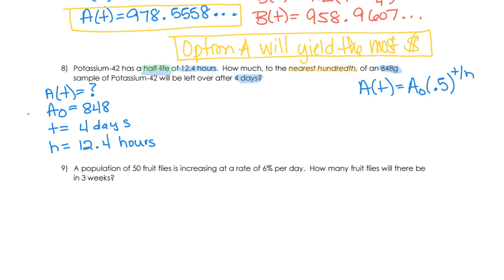I don't believe that we can change a half-life increment of 12.4 hours. So I think we're going to have to go ahead and change our 4 days to be in hours. And if you know, guys, that there are 24 hours in one day, and 48 hours in 2 days, so you can see it's a multiplication. So 24 times 4 is going to change that into 96 hours.